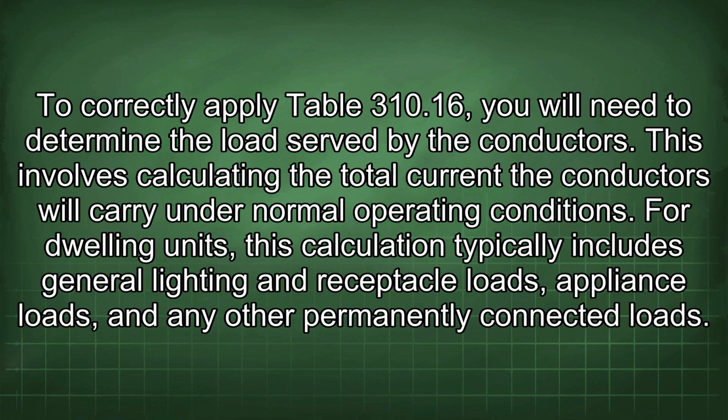To correctly apply Table 310.16, you will need to determine the load served by the conductors. This involves calculating the total current the conductors will carry under normal operating conditions. For dwelling units, this calculation typically includes general lighting and receptacle loads, appliance loads, and any other permanently connected loads.